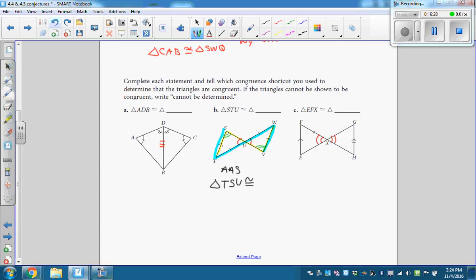So STU would be the same as V, because S and V are the same. VUW. My question is how do you have angle side? Because there's always a side between angles, right?